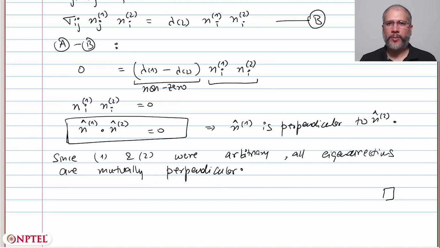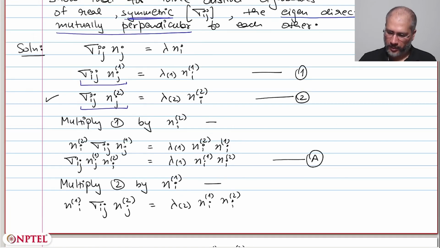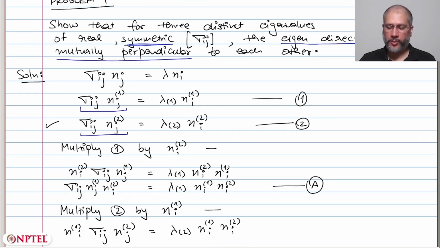So the key to solving problems like this is to see the expressions. If you go back to the beginning, if we look at equations 1 and 2, on the right hand side, we can see that if I multiply equation number 1 by n2i, that's a dot product of vectors n1 and n2. And we have to show that to be 0. That's the aim. We had to show that these two are perpendicular.